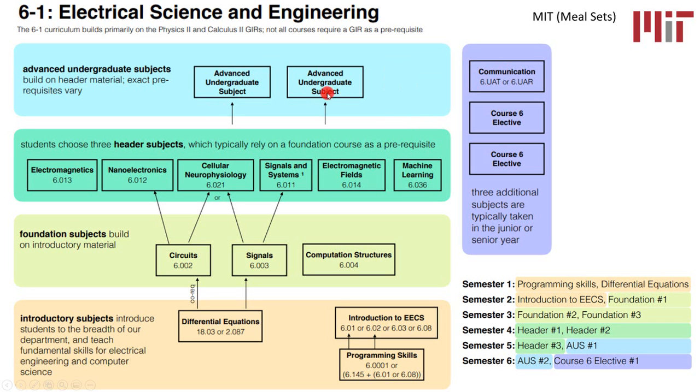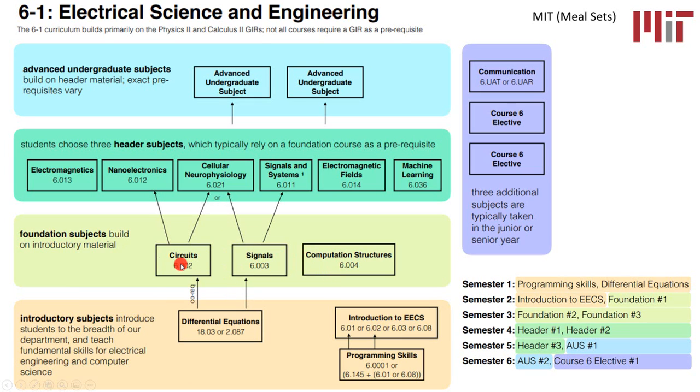And at MIT, on the other hand, the 6-1 electrical engineering, it is different. It is one of the 5 different majors in MIT. It's a meal set type of program. So basically, they design the required courses for you, and you need to go from the introductory subject, foundational subject.